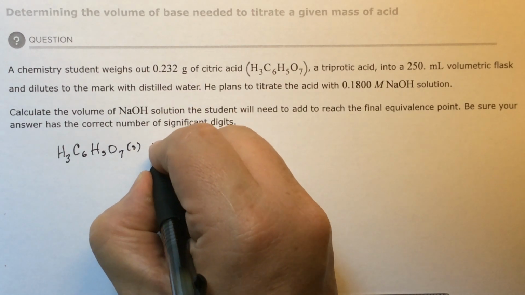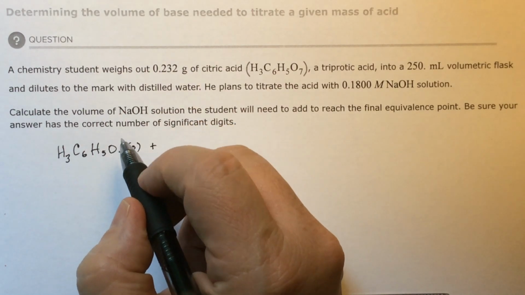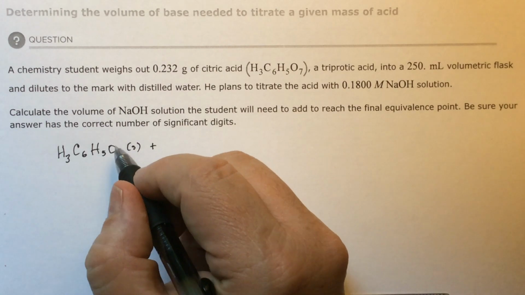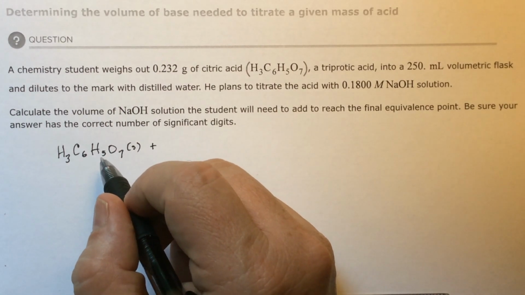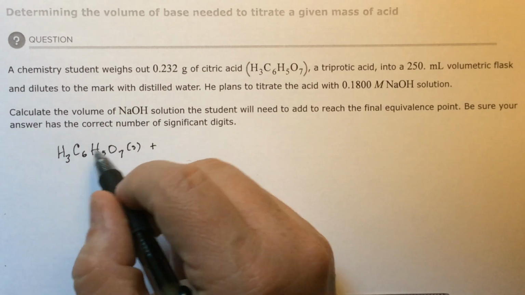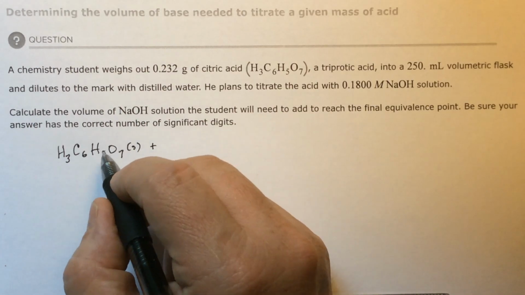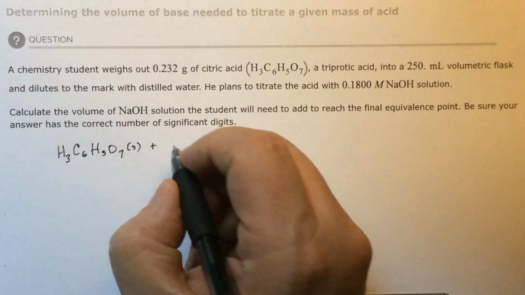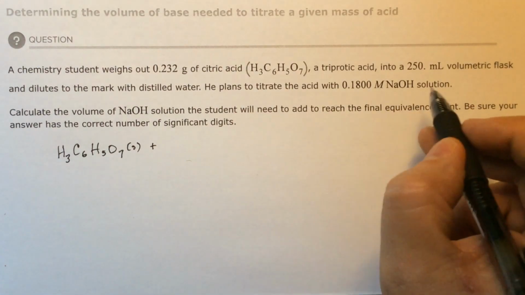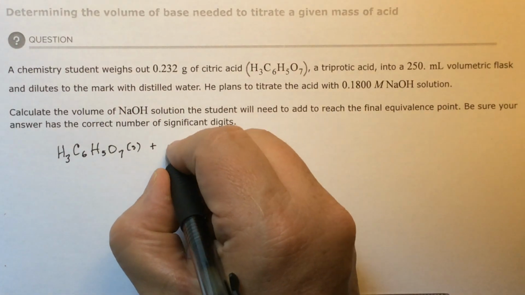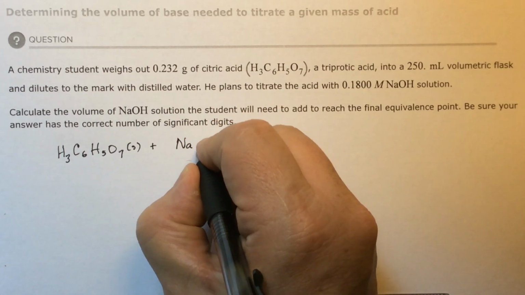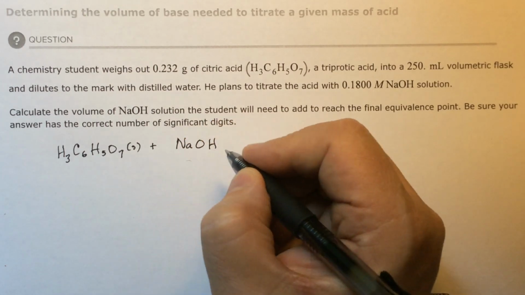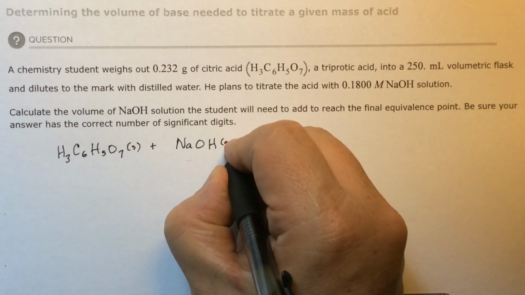Now it's in solution, but it's a solid that will dissociate. It's a weak acid, so it's not going to dissociate perfectly, but lots of it will. And then the sodium hydroxide will be in a solution, which means this salt is broken apart. It's aqueous.